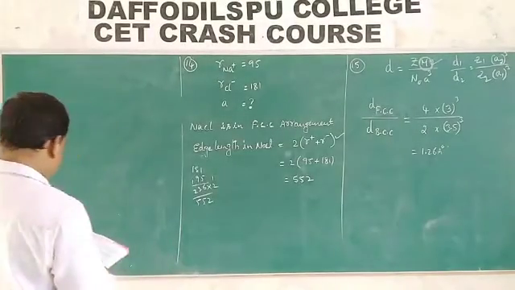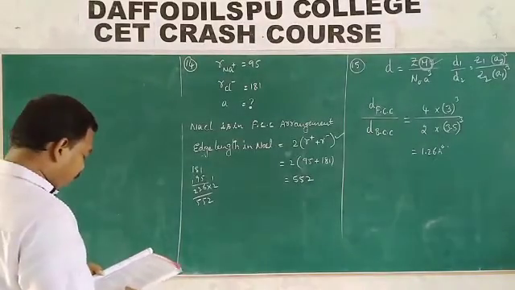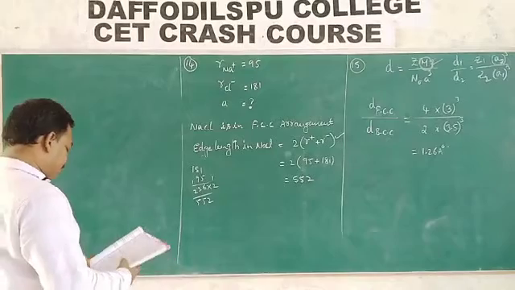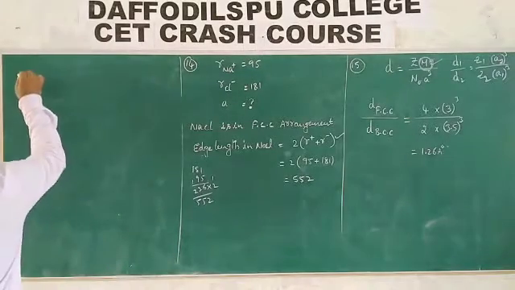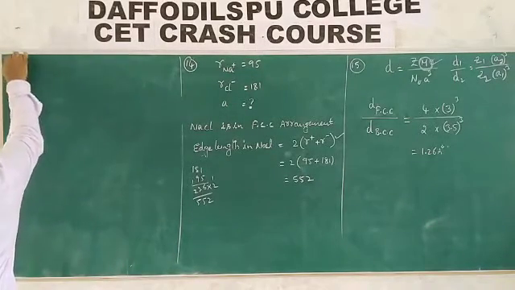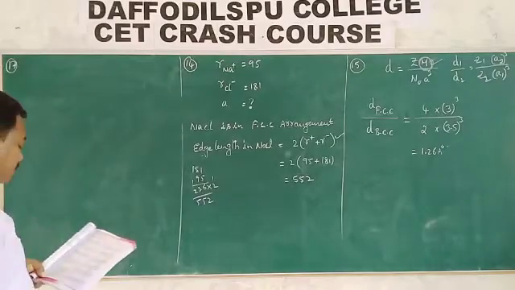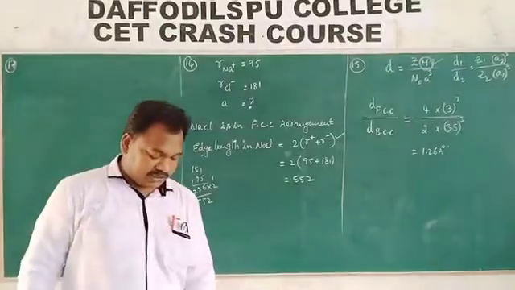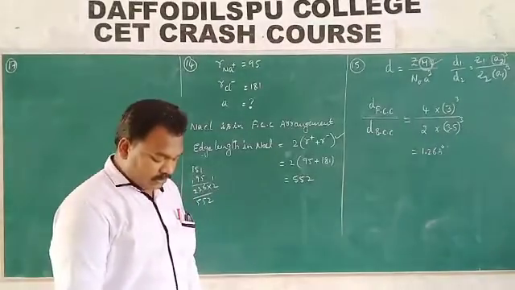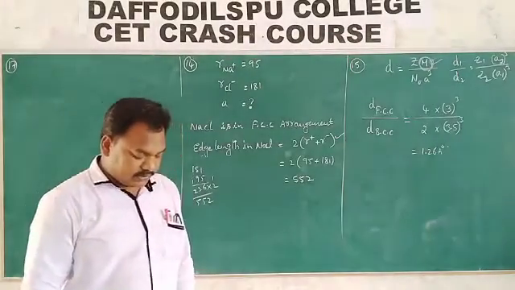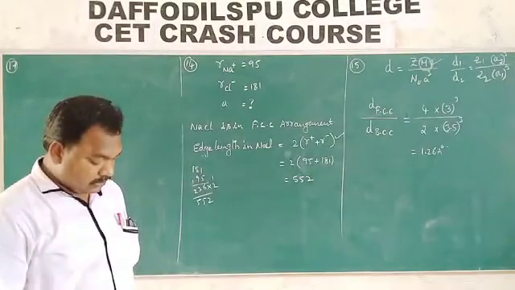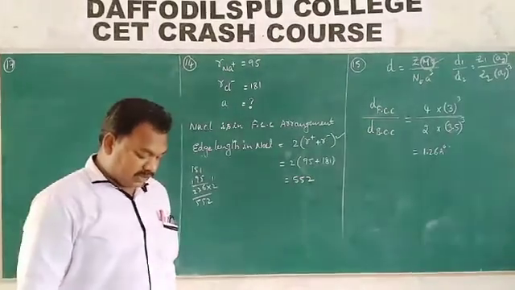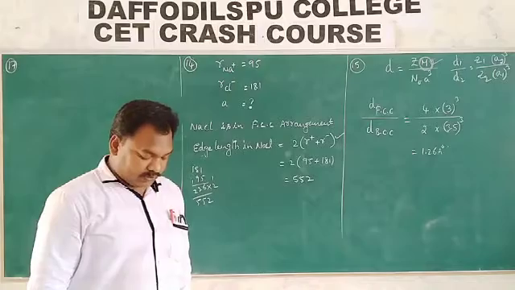Next, come to problem number 17. In a face-centered cubic arrangement, A and B atoms, whose A atoms are at the corners of the unit cell and B atoms are at the face centers, one of the A atoms is missing from one corner of the unit cell.